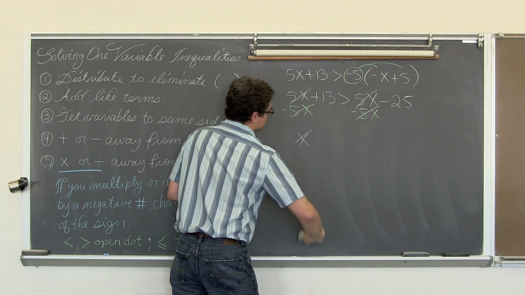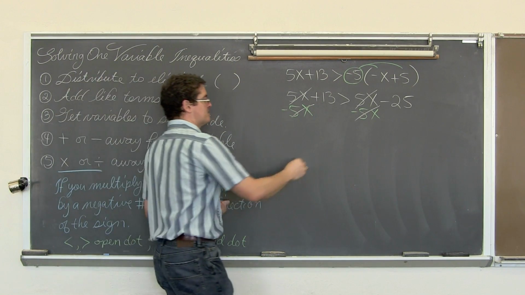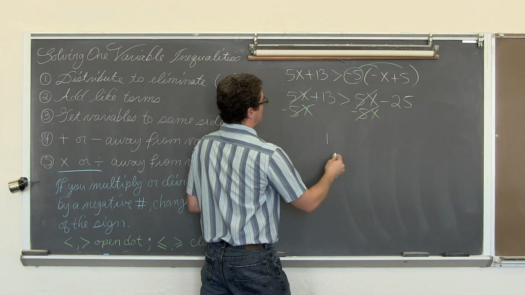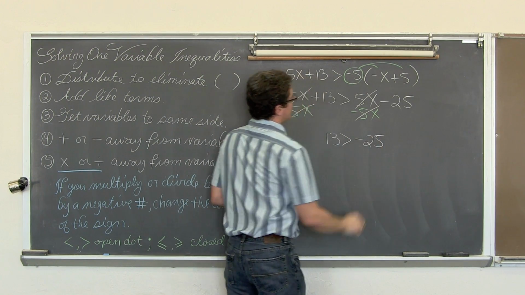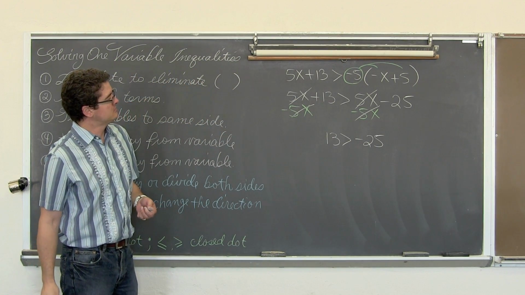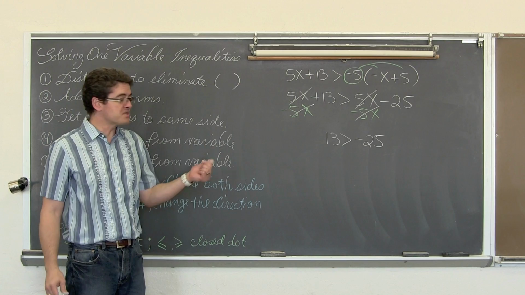So what we end up with, our variables are all gone, so there's really nothing left for us to do except to say, well, is 13 greater than negative 25? Well, is it? Of course it is.